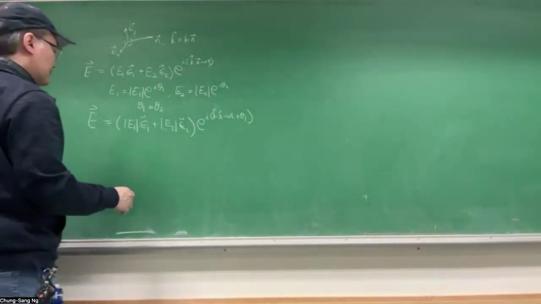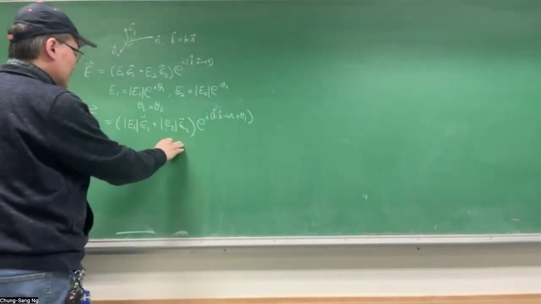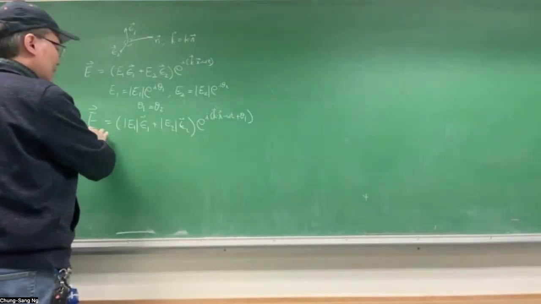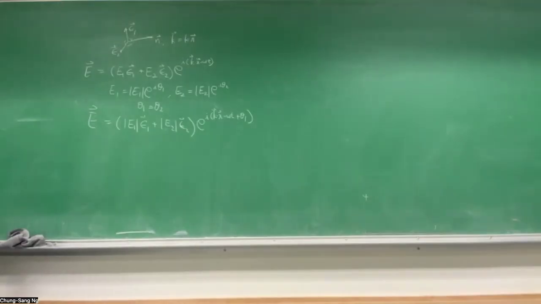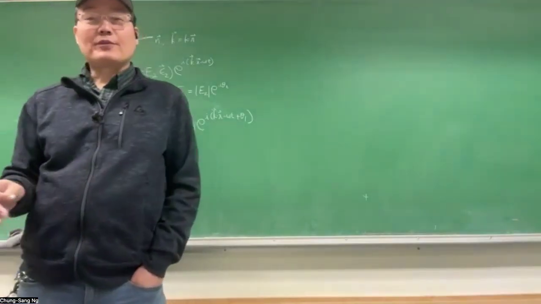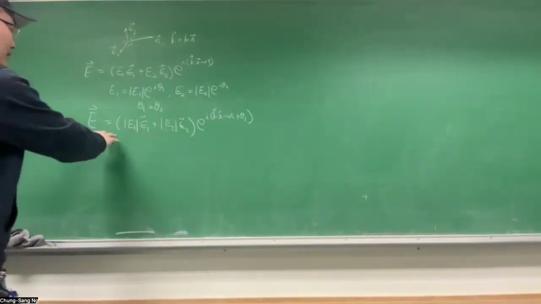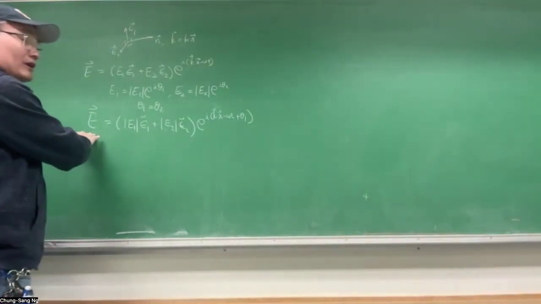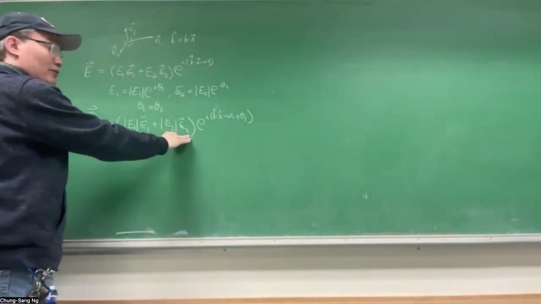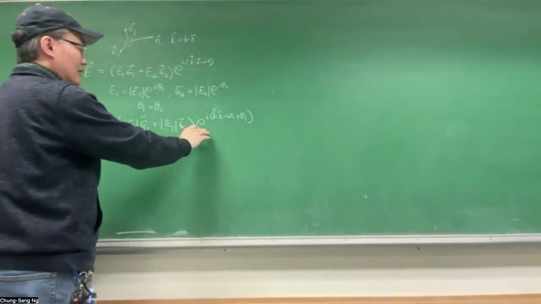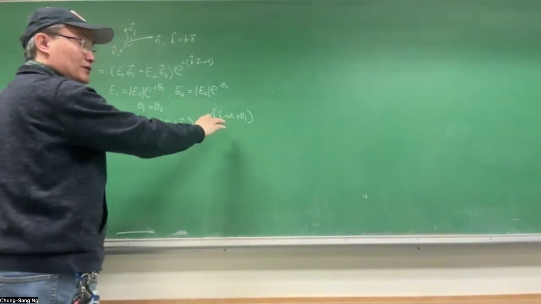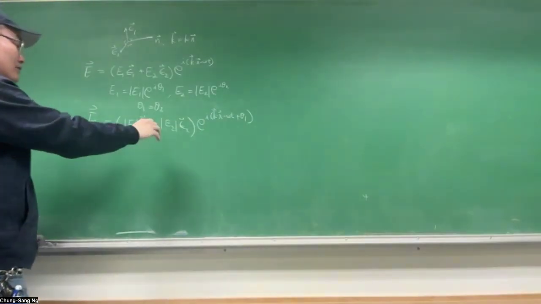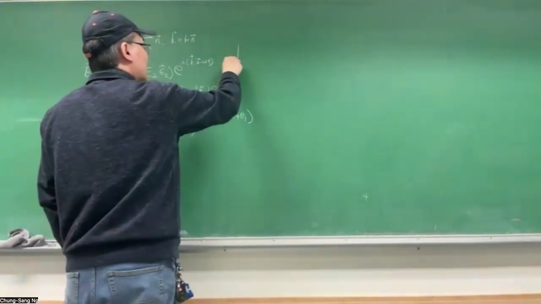Okay, so because this is a real vector, and usually when we look at polarization, we go back to real space. For real space, this one is trivial. A real electric field, take a look, because this is real, the real part is basically the cosine of this phase function.